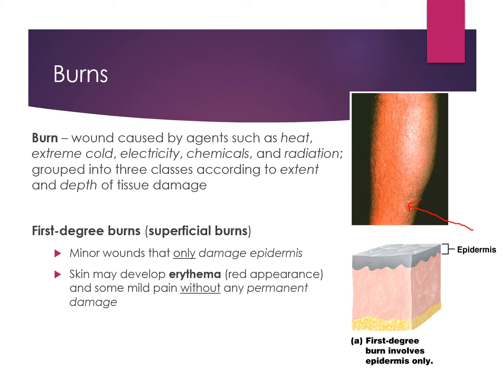These are minor wounds that only damage the epidermis. So in this image, the damaged epidermis is depicted as gray. The skin may develop erythema, remember that's a red appearance, and there may be some mild pain, but there's no permanent damage to the skin.